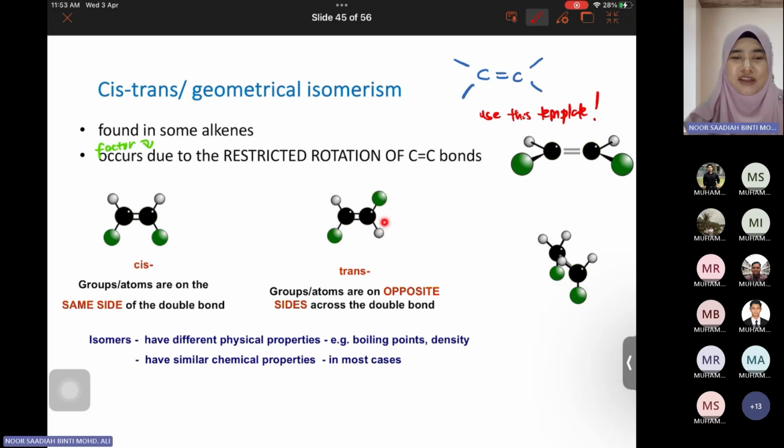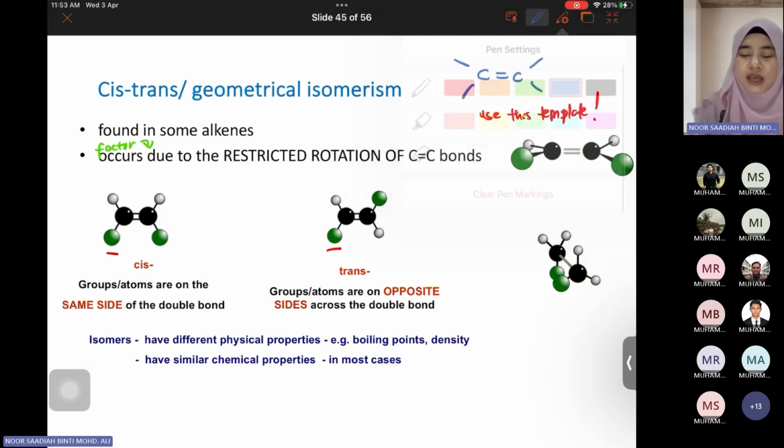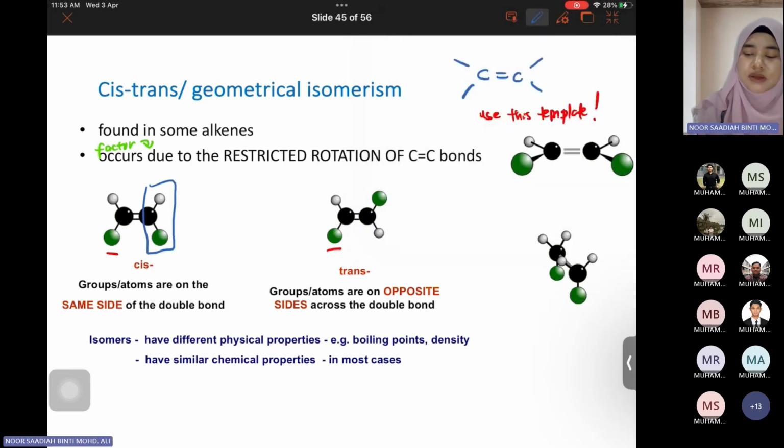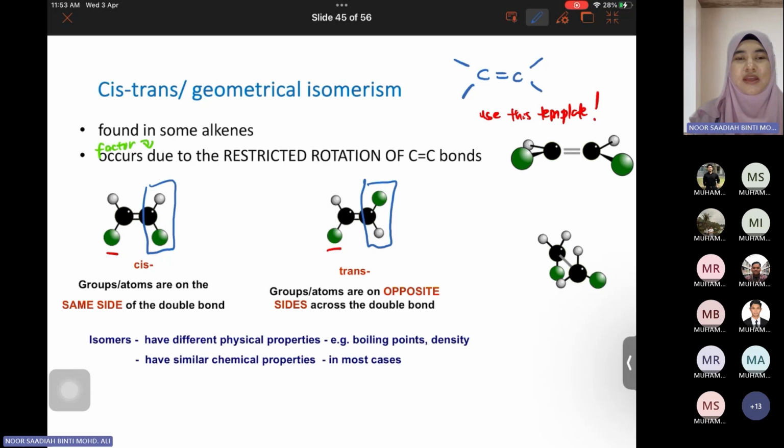On the left side it is the same, but the difference is here. Take note, the connection of atoms is still the same, but the orientation of the groups in space is different. Now the green sphere is at the top, while the gray sphere is at the bottom.